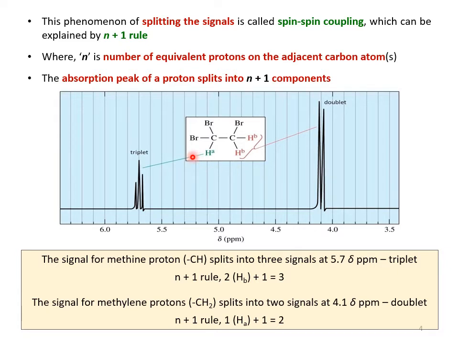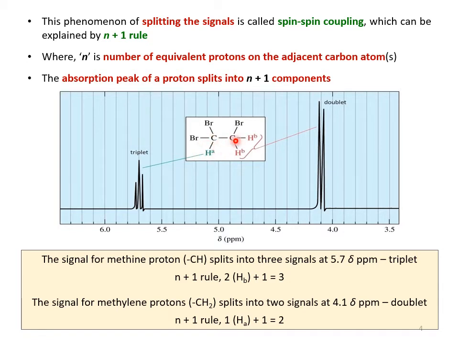In 1,1,2-tribromoethane, the methine proton is present adjacent to the methylene carbon having two protons. So if we apply the n+1 rule for this methine proton, n is 2 because it has two hydrogens bonded to the adjacent carbon atom.